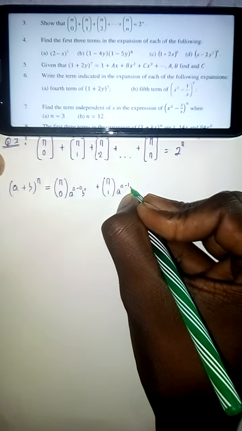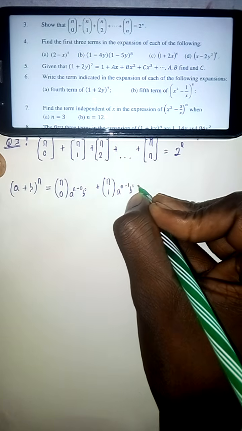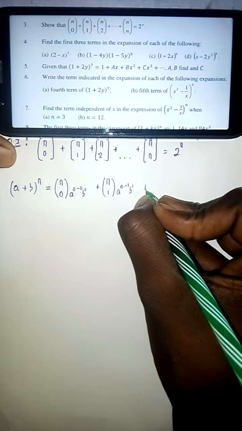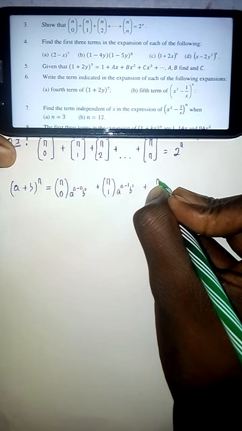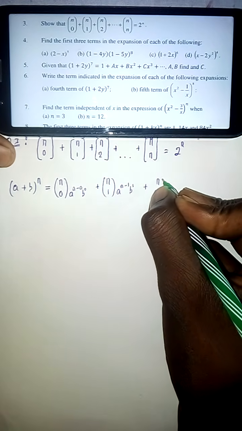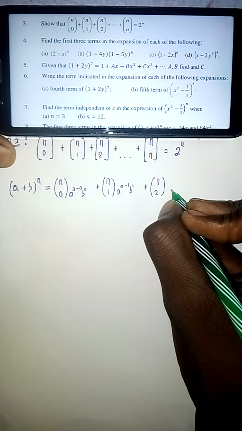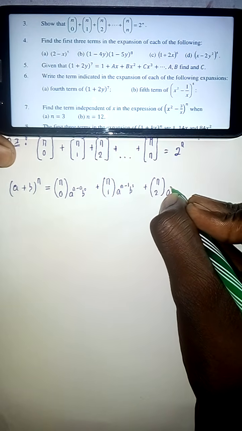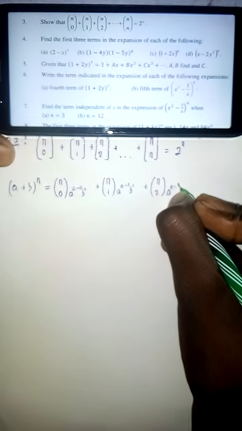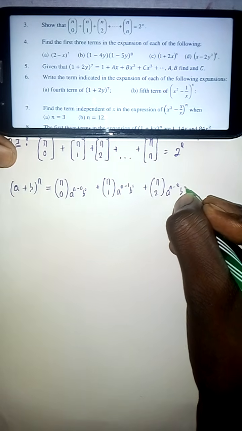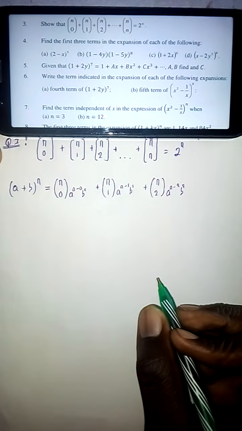I was a bit disturbed. I think you know the reason. If you don't know, forget about it. All right, so a to the n minus 2, then b to the power 2.